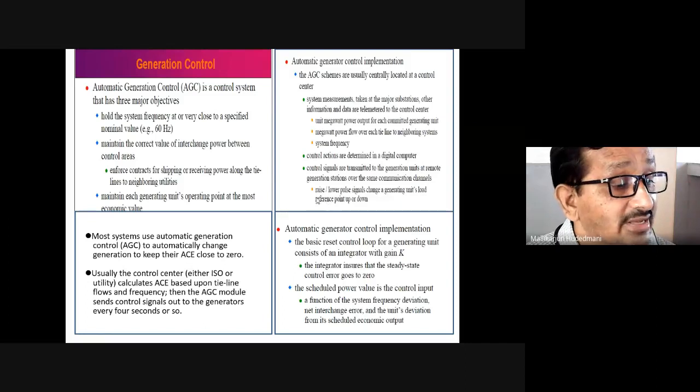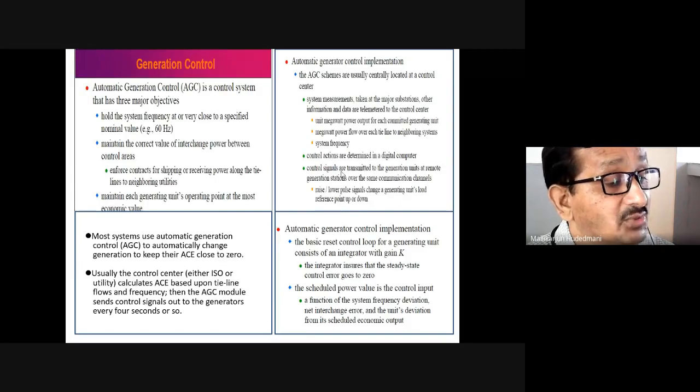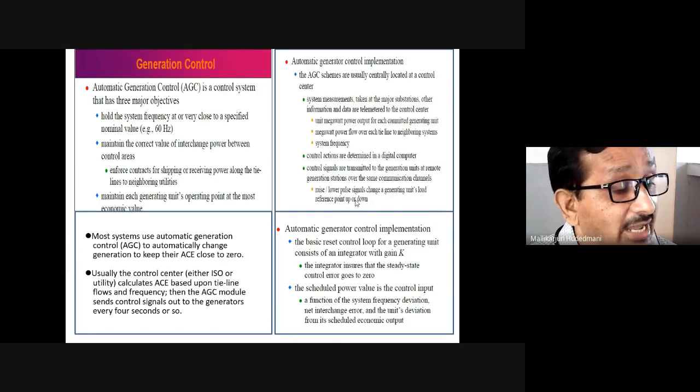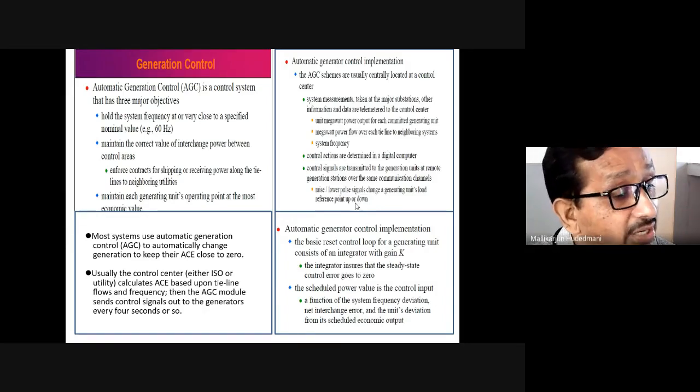As an example, why do you require data to be communicated from the master terminal unit, nothing but the energy control center, to the generating station? It is to send raise or lower pulse signals to change a generating unit's load reference point up or down. Suppose this is concerned with a transmission grid: transformer tap changing up or down, circuit breaker on or off, you would like to exercise. They are the control signals.